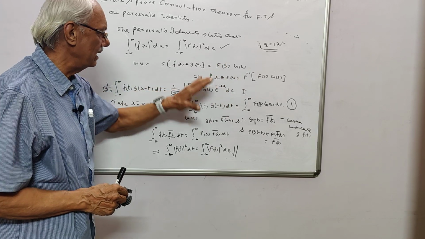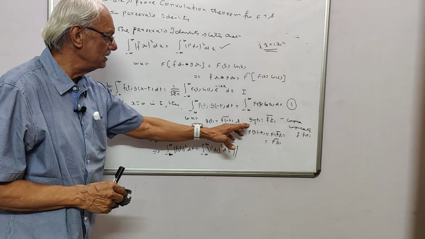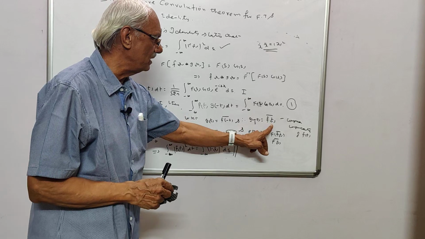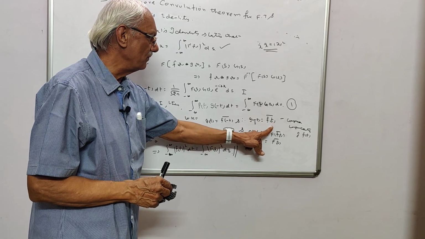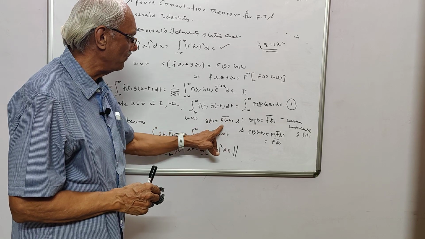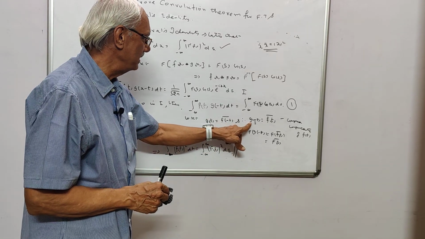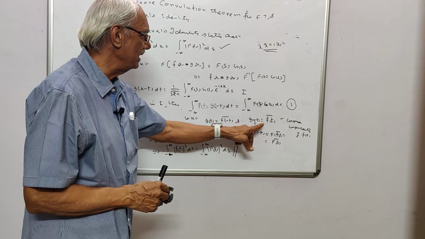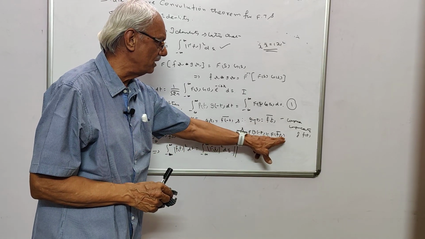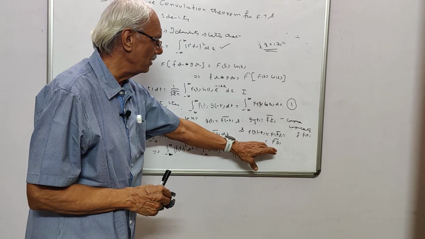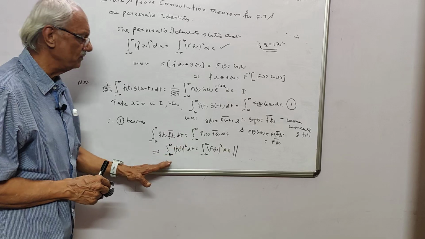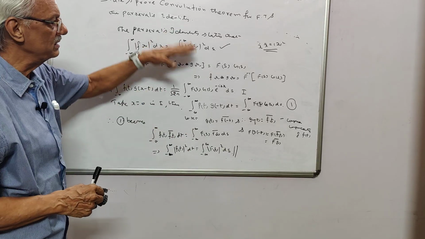So you write that and proceed in this way, and just apply the idea that g of minus t is the conjugate of f of t, whereas g of t is equal to the conjugate of f of minus t. Now you replace t by minus t, so you will get f of t bar. So F of g of minus t will be equal to f of t bar, which is equal to f of s bar. Substitute in 1, and it gives you the Parseval's identity. This is an important one.